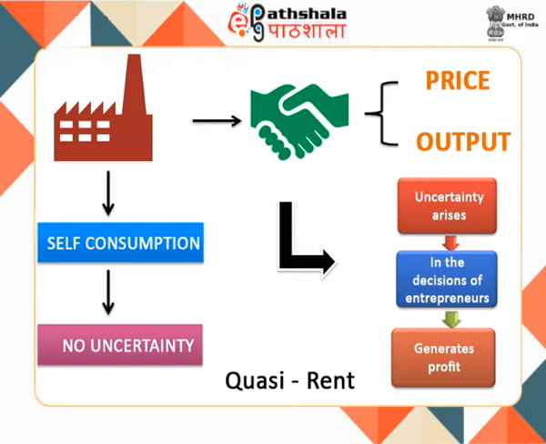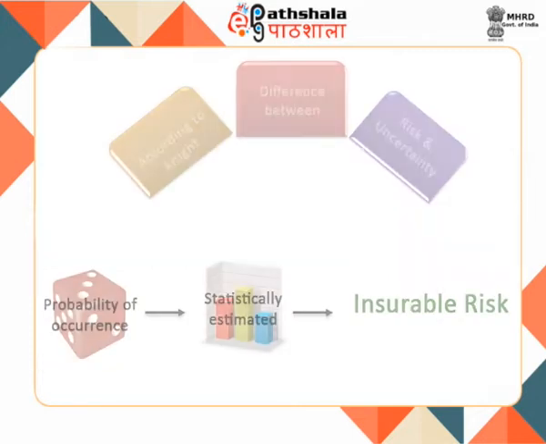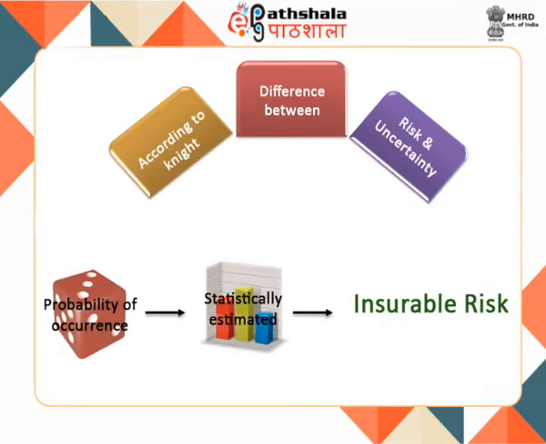However, if production takes place for commercial purposes, that is, price and output depend on the interaction between buyers and sellers, then uncertainty arises in the decisions of entrepreneurs. This uncertainty generates profit. According to Knight, there is a difference between risk and uncertainty.